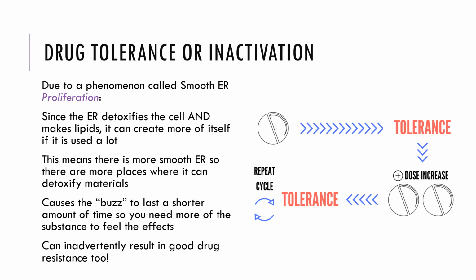This means that if you start to take alcohol or drugs heavily, and this is drugs not just recreational, but it could be medicinal, your cells will start to grow their smooth ER, so they'll detoxify that drug faster, so you need more of that drug or more of the alcohol in order to hit the same equivalent reaction.